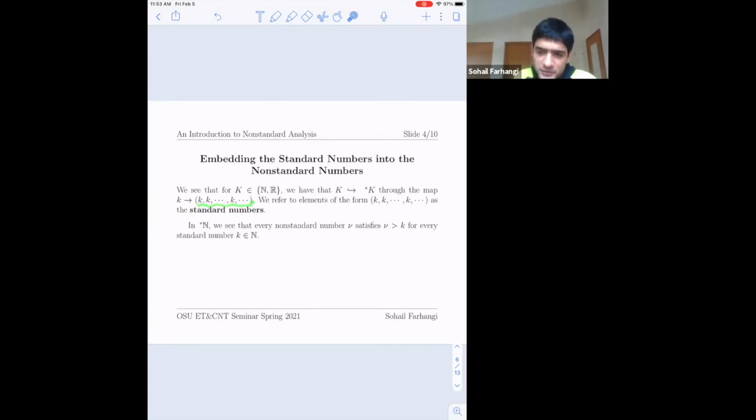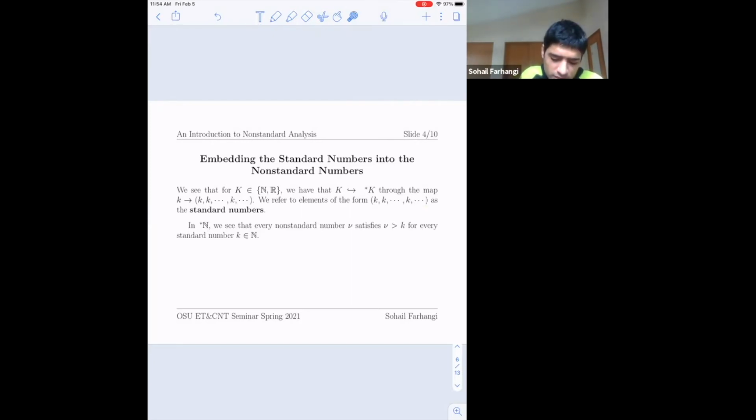So that's in the ultrafilter. It's certainly an additive homomorphism, multiplicative homomorphism. So it's also, maybe I shouldn't have said isomorphism, an isomorphism onto its image. And these elements are just the standard numbers because they come from the standard numbers. There's nothing non-standard about them.